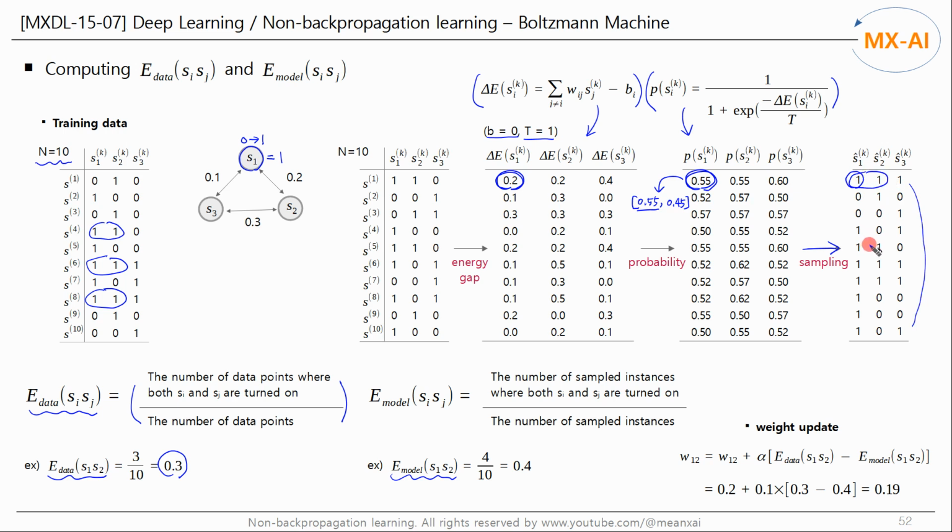In this sample set, there are 4 cases where both S_1 and S_2 are 1. So E_model[S_1 S_2] is 0.4. Now that we know these values, we can update W_12 like this. Alpha is the learning rate. W_12 is updated from 0.2 to 0.19.